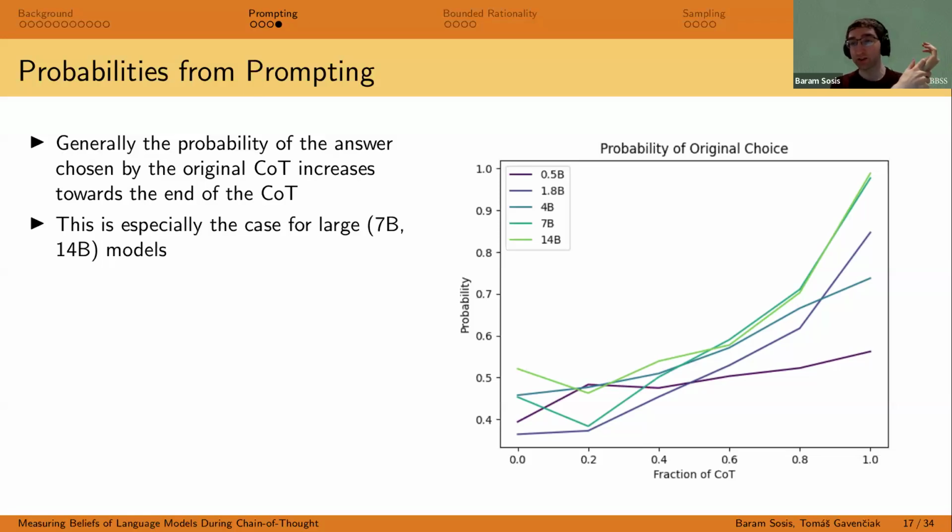Basically the small models are just not very good at interpreting the chains of thought. So they add a bit more noise to the measurement because they're not very good at this task. Maybe that is a component of what you want to be measuring here. I'm not sure, but it does seem that this isn't a super reliable way of measuring the probabilities.